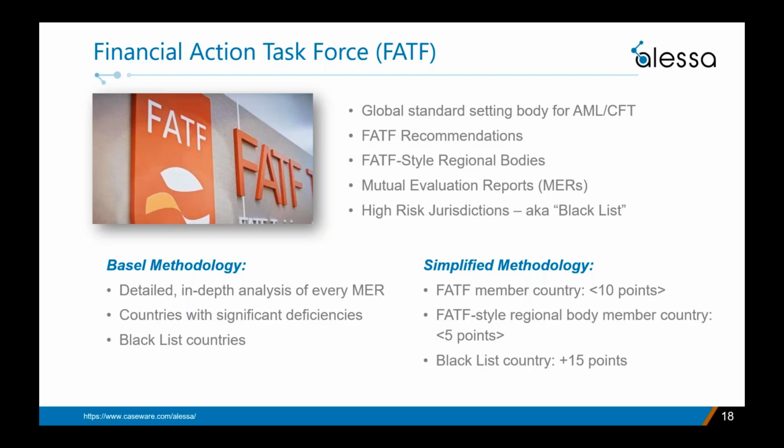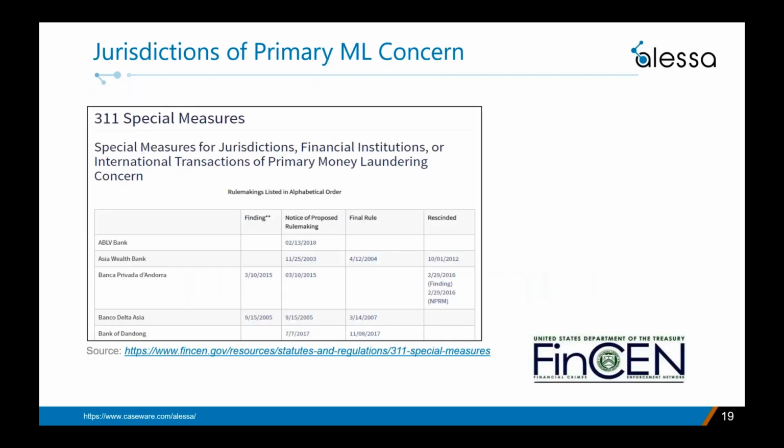And this is because the mutual evaluation process is dictated by the regional body, and it can vary significantly. I then would add a high point value to any country that was on the FATF blacklist. Now, these point values are just illustrations of how a simplified model might work. They're certainly not set in stone, and you could, of course, choose your own values.